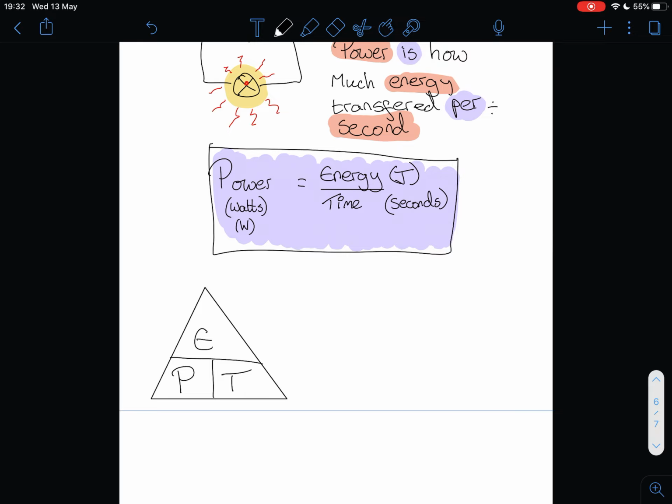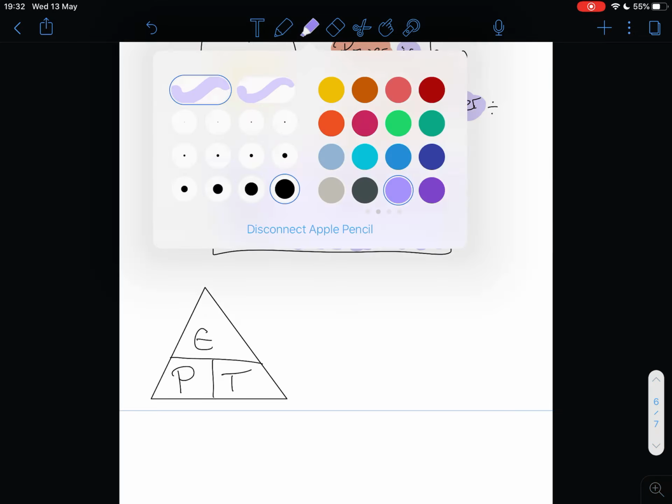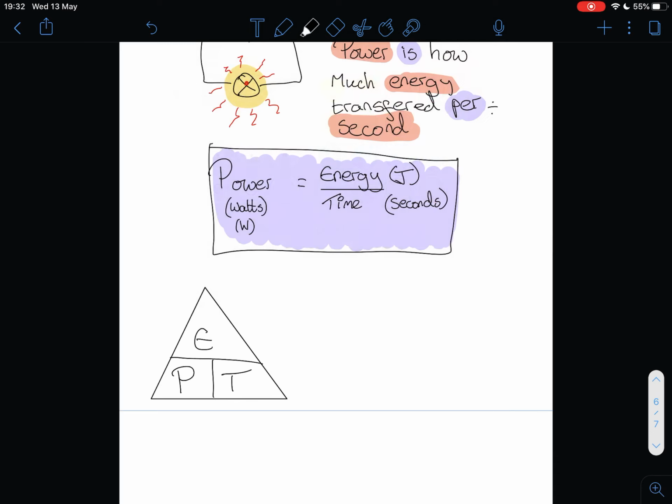So we can rearrange that, cover up the one you want, say what you see. So if we want to know the energy of something, we cover up the energy, and we can say energy is power times time. Or we could find the time it takes to spend that energy if we know the power.